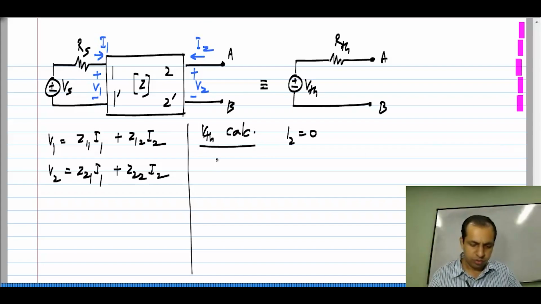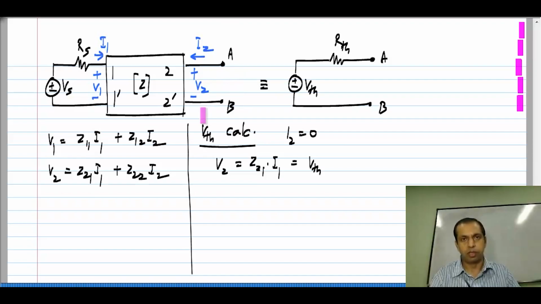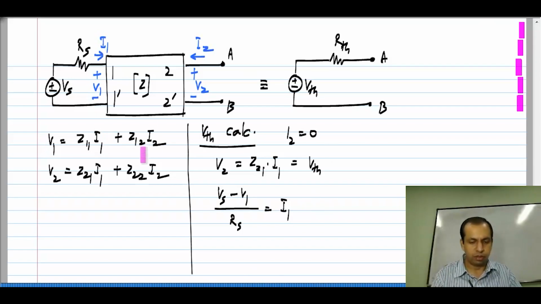So, V2 will be simply Z21 times I1, and that is VTH, the open circuit voltage that appears here. Now, what is I1? That we can find out from this side. We know that Vs minus V1 divided by Rs is I1. And also we know that V1 is Z11 I1 because I2 is 0.